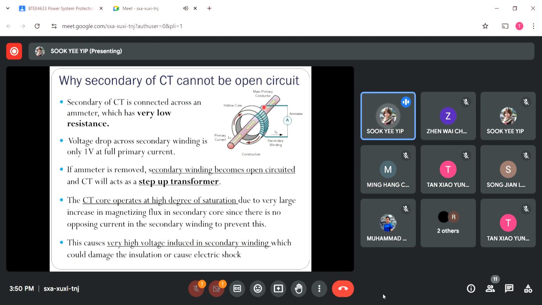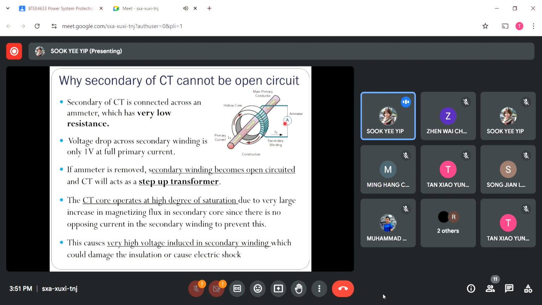The secondary winding of the current transformer will be connected to the ammeter for measurement purposes. These ammeters usually have a very low resistance value. With such a low resistance value, the voltage drop across the secondary winding will be very small, approximately only 1 volt if we have the full primary current, or the rated current, flowing through the primary side. So this is under normal conditions.